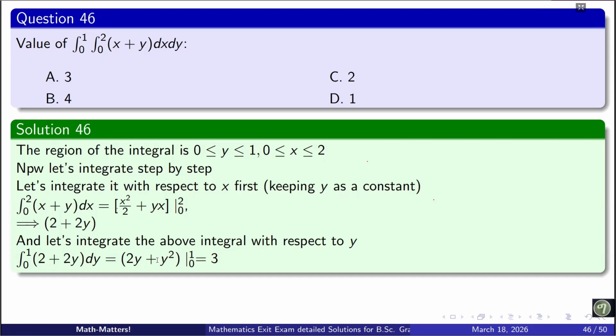Substituting the upper limit, 2 times 1 is 2, plus 1 squared, which is 1, and at 0 it's 0, so 2 plus 1 is 3. Therefore, the double integral over this region is 3. The answer is A.